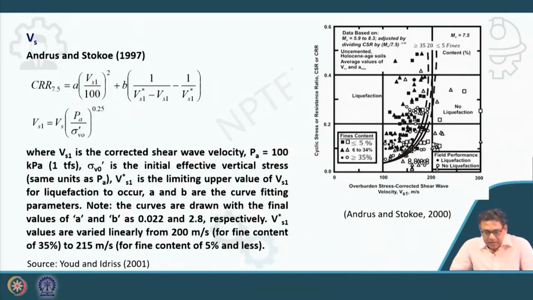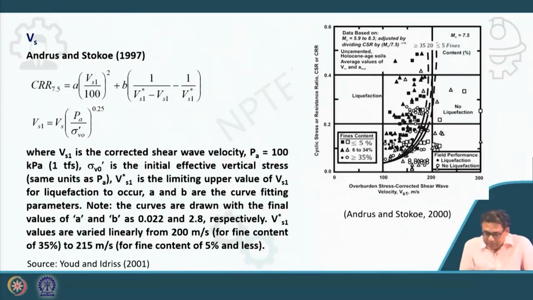Okay. Now Vs1 dash is the limiting upper value of Vs1 for liquefaction to occur, and A and B are the curve fitting parameters. Note that these curves are drawn with a final value of A and B equal to 0.022 and 2.8 respectively, and Vs1 dash values are varied linearly from 200 meter per second for fines content of 35% to 215 meter per second for fines content of 5% and less.